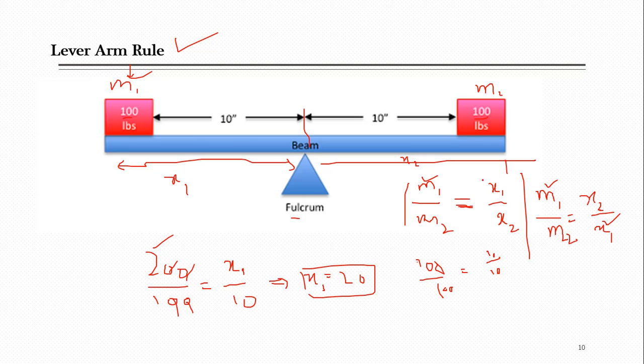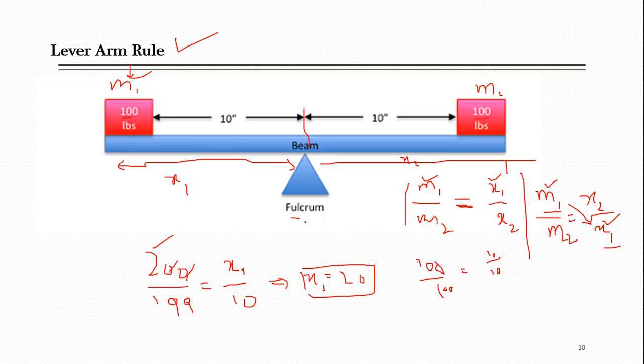Like you have seen here, m1 and x1 have a direct relation, but here they have an inverse relation. So if you locate some point inverse to its one side, like mass 1 and its distance being inverse, this will be on the denominator side.